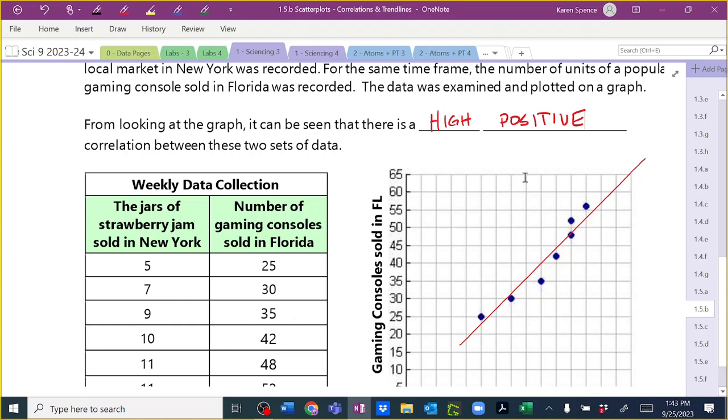If you're saying yep, I know you're being sarcastic, so I'm okay with that. But no, they have absolutely no actual cause and effect. There is no cause and effect relationship here. So we can have a correlation, but no cause and effect.